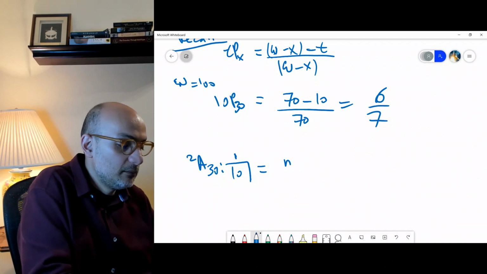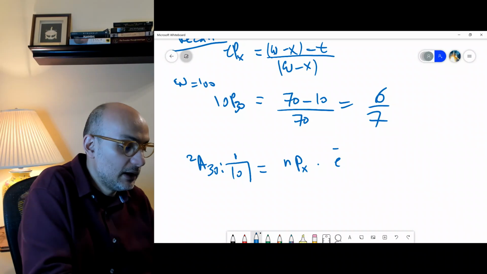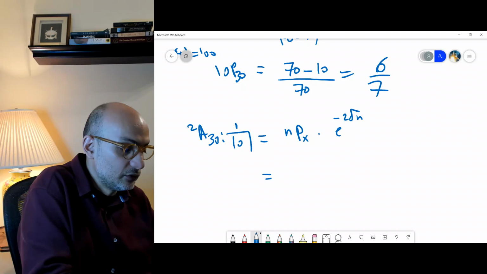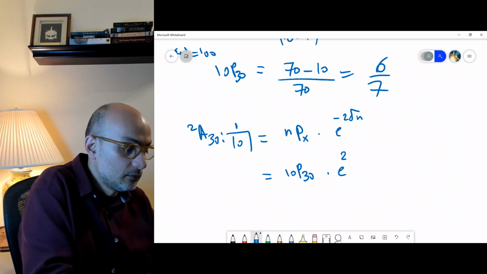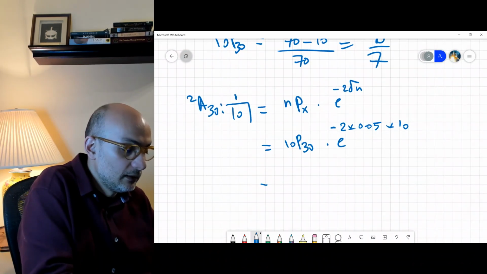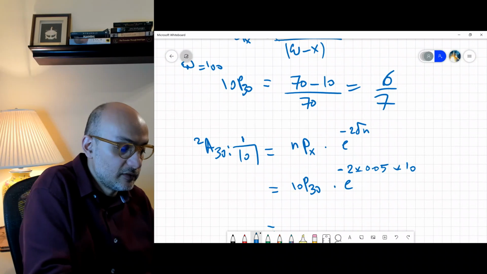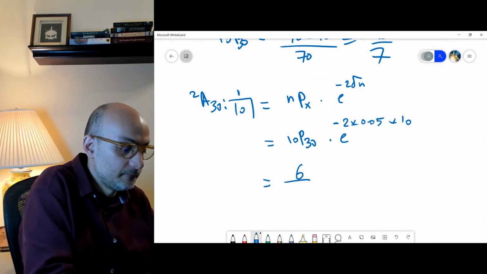So now we go back to this formula here. It's nPx multiplied by e to the minus 2 delta n. So 10p30 multiplied by e to the minus 2 times 0.5 times 10. 10p30 we already calculated, it's 6 over 7.